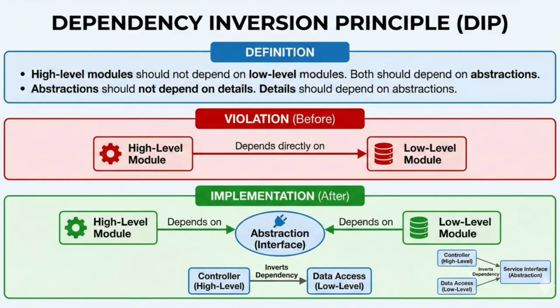Now the magic happens. Your business logic no longer cares which implementation is behind it. Whether you use SQL, MongoDB, Oracle, Razorpay, Stripe, PayPal, or any other system, the business logic remains untouched. Only the implementation changes. That's the power of dependency inversion.